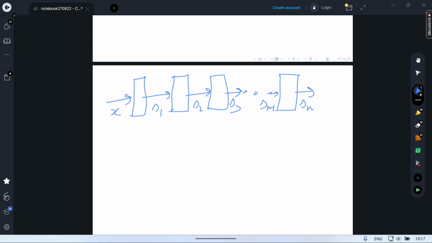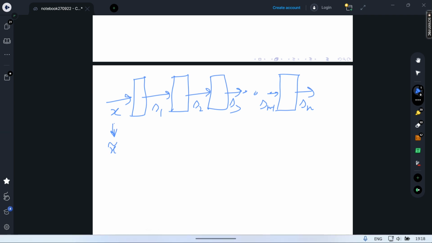By following the standard practice, you can standardize the input features x to x tilde by making sure that all features have zero mean and one standard deviation.